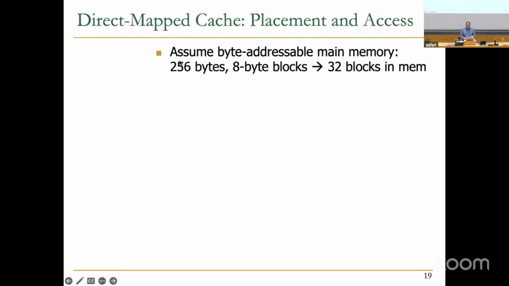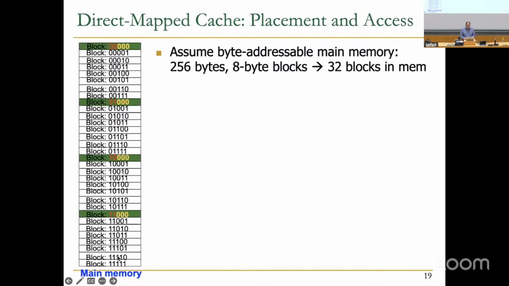We are still assuming the same byte addressable main memory with 256 bytes. Our block is 8 bytes, meaning that in total we have 32 blocks in the memory. This shows your main memory, all the blocks from block 0 to block 31. Your memory has 256 bytes, but since each block is 8 bytes, in the end you have 32 blocks.